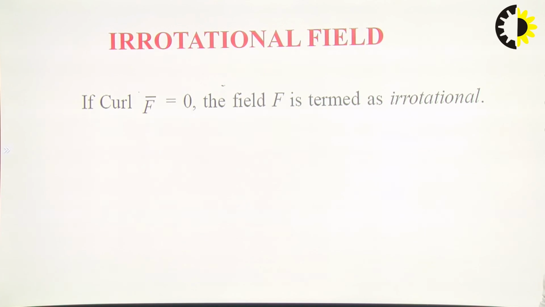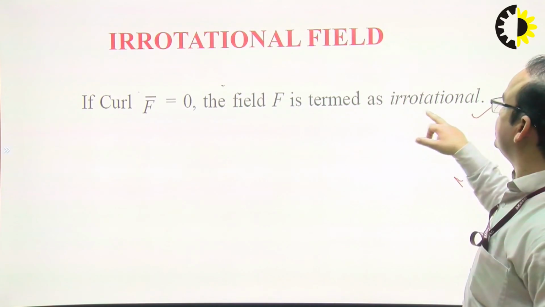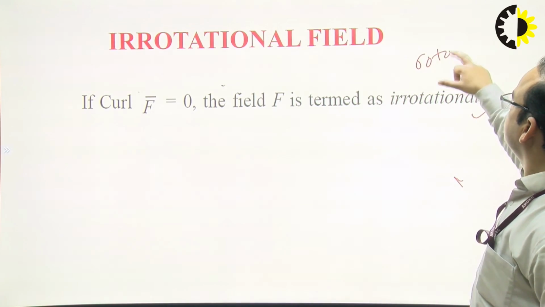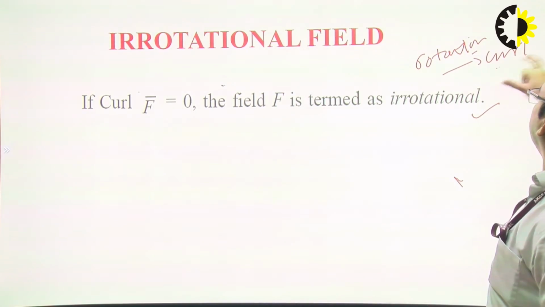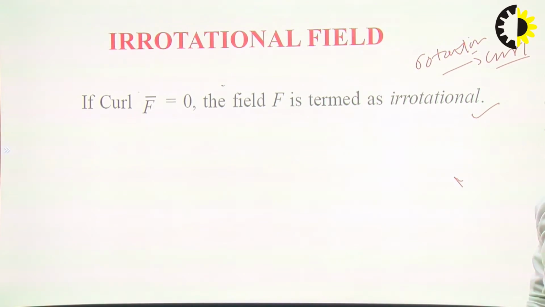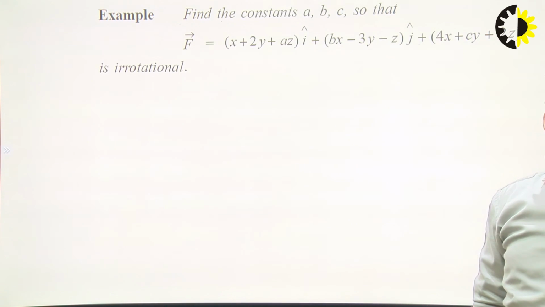Then if the curl of F is equal to 0, then the vector is irrotational. The rotations are 0, because the meaning of curl is rotation. So if the curl is 0, then the vector F is irrotational.